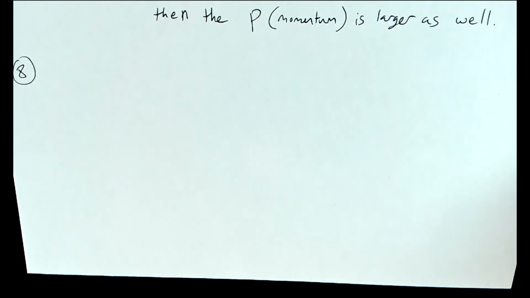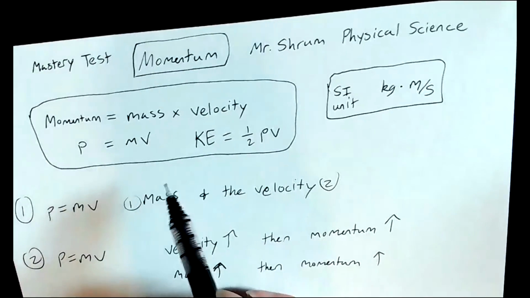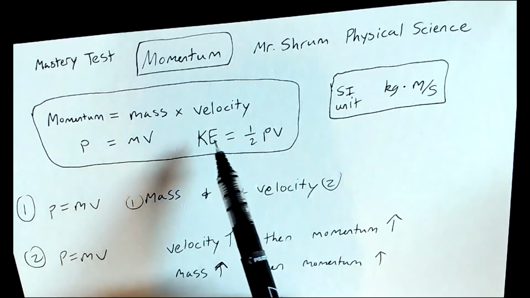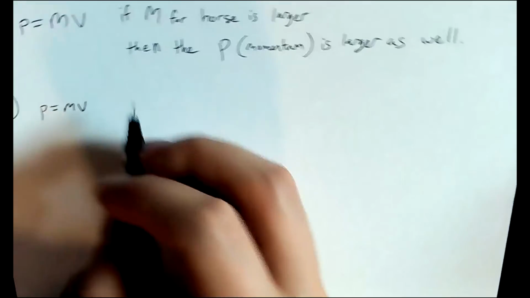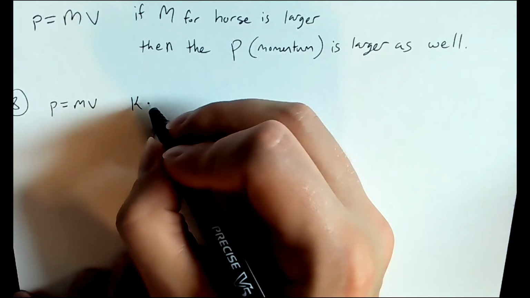And number 8, from my teacher workbook, which statement best compares momentum and kinetic energy? And it's between these equations, right? So I'll rewrite those here. So we know that momentum equals mass times velocity.